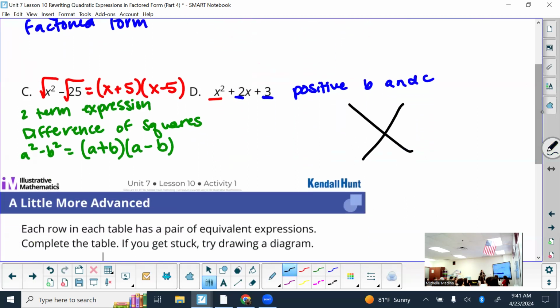And then the way that we set it up is where we're multiplying to get this number. That's what we noticed one day, is that when we multiply things out, the constant is always the product of those two numbers. And then this was always the sum of those two numbers. Can you guys think of any numbers that multiply to 3, but at the same time add to 2?